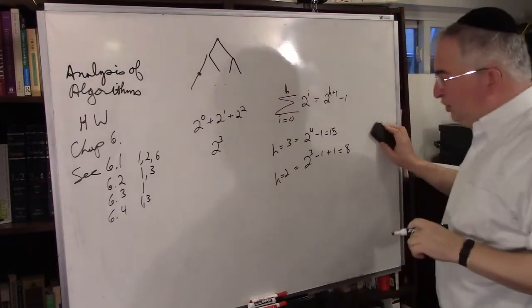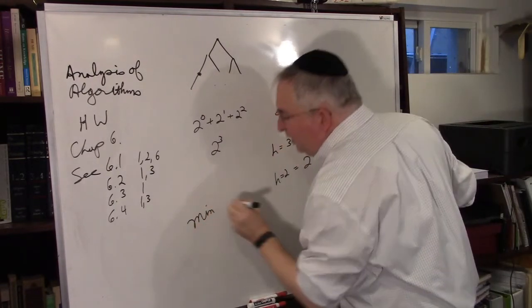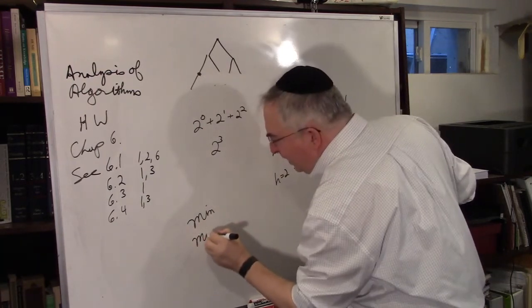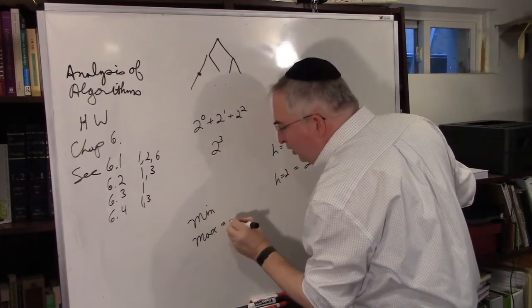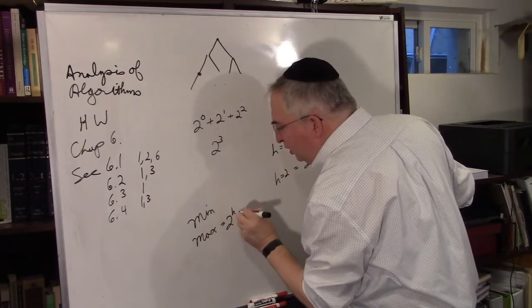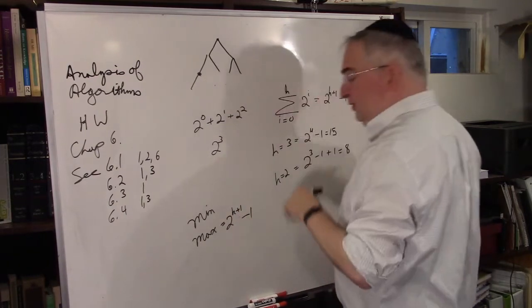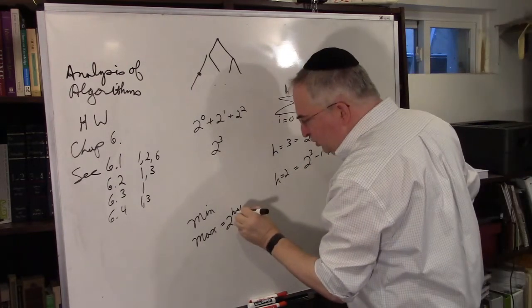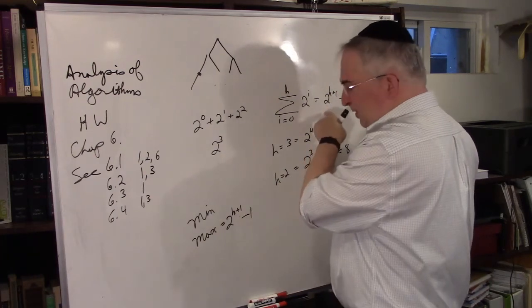Let's do it in general. Let's do the max. The maximum is everything's full till there, so that's 2 to the h plus 1 minus 1. You go to the next level, that's just the geometric formula.